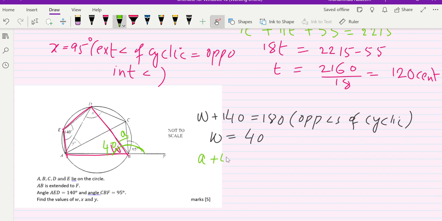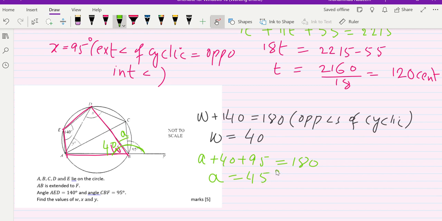A plus 40 plus 95 equals 180 degrees. So A will be 180 minus 40 and then minus 95, which is 45 degrees. This is the value of A.